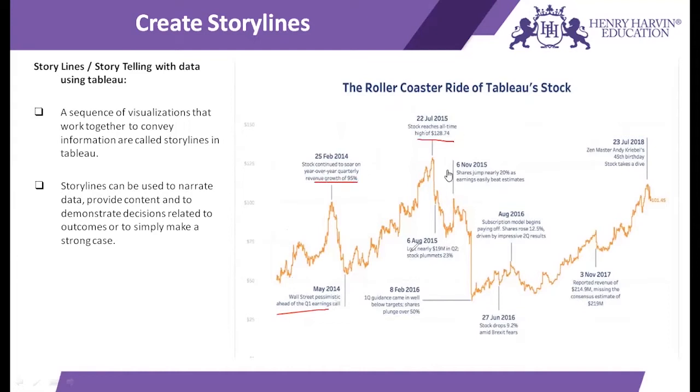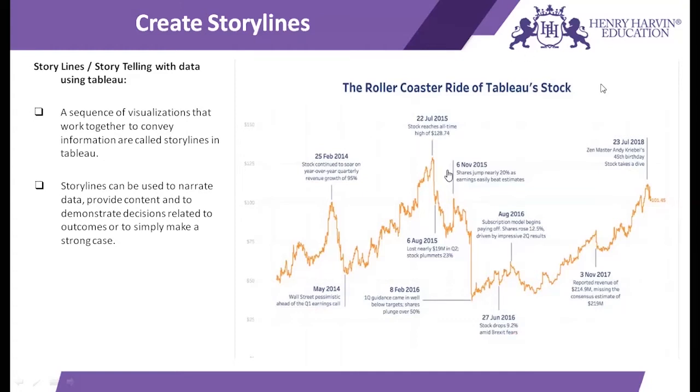If someone reads all these ups and downs and these stories, they'll be able to make out the performance of this company's stock. This is known as storytelling using data. Here, using graphs and visualizations, we are doing storytelling.